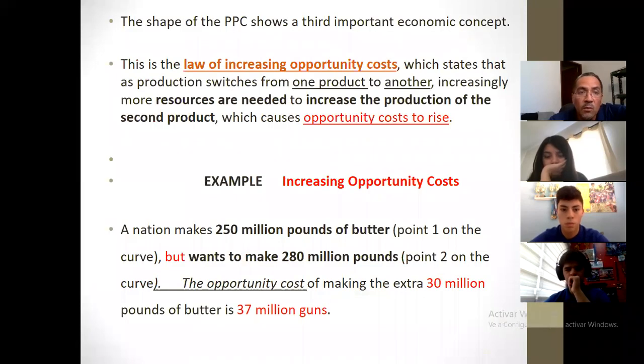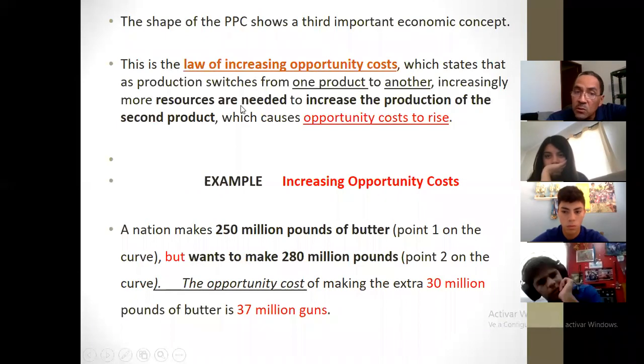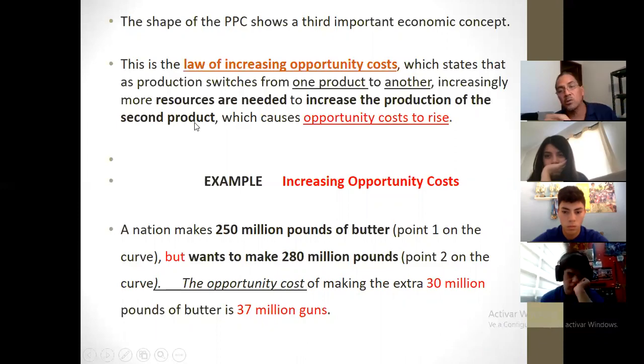Okay, now let's move on. The shape of the PPC shows a third important economic concept. This is the law of increasing opportunity cost, which states that as production switches from one product to another, for instance, from loaves of bread to muffins, increasingly more resources are needed to increase the production of the second product.